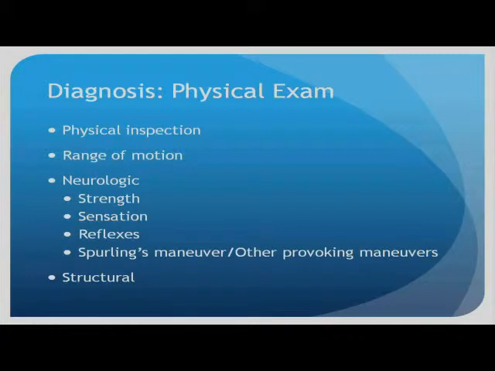Your neurologic exam for extremity complaints always has to include these basic findings. Strength to test your motor function, sensation to test your sensory function, the reflexes to test that interneuron pool that creates the connection between the motor and sensory, and anything that might provoke or reproduce the patient's pain, so Sperling's or any other provoking maneuver.